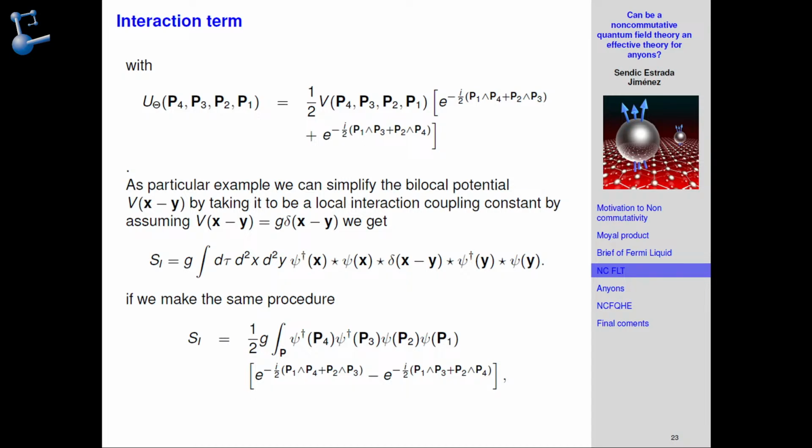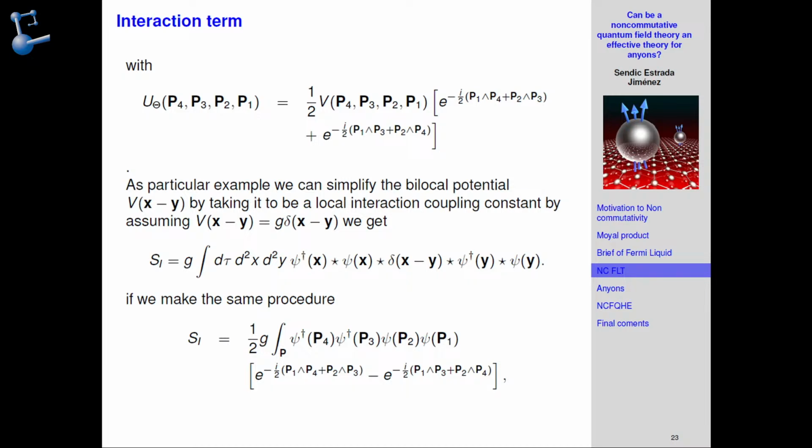For this, we are not considering fields with spin. These are fields without spin. And we have this minus sign that implies that for theta equal to 0, this term is 0.